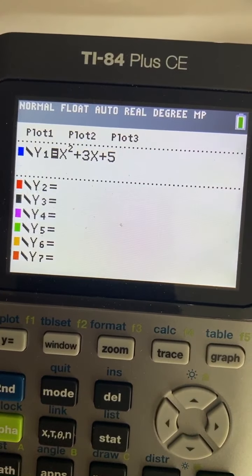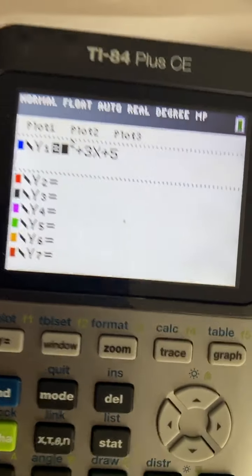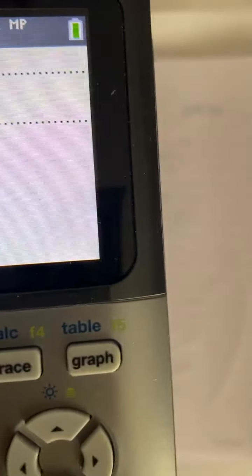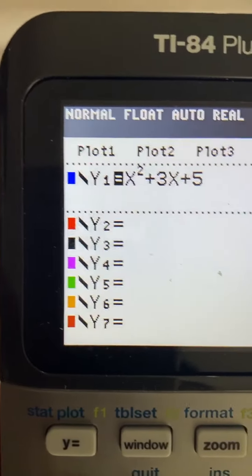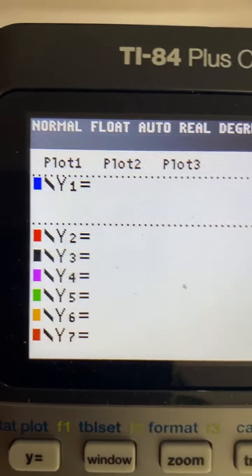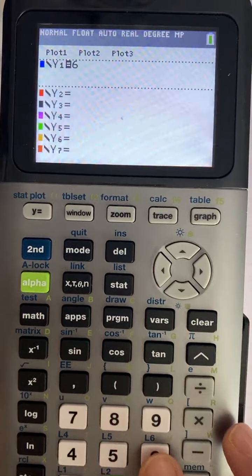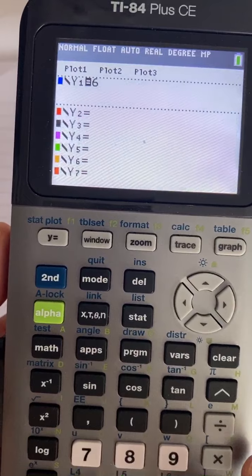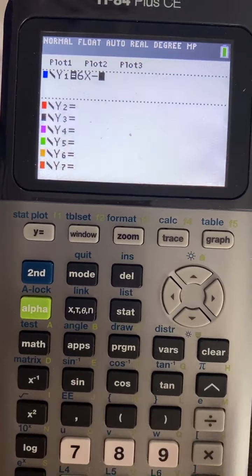If you remember, our general term was 6n minus 2. So instead of n, I'm going to do 6x minus 2. I'm going to clear this, and then you enter your values here. So this is 6, and then x, and x is here, minus 2.